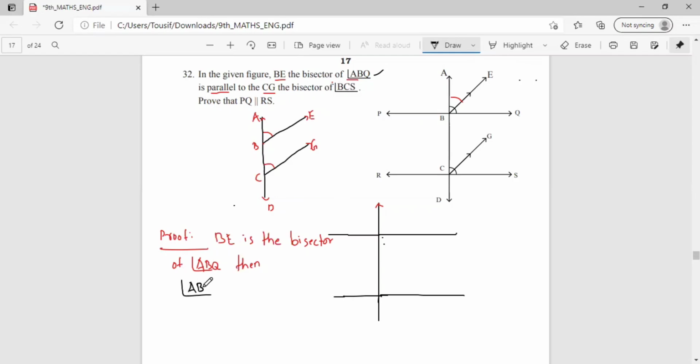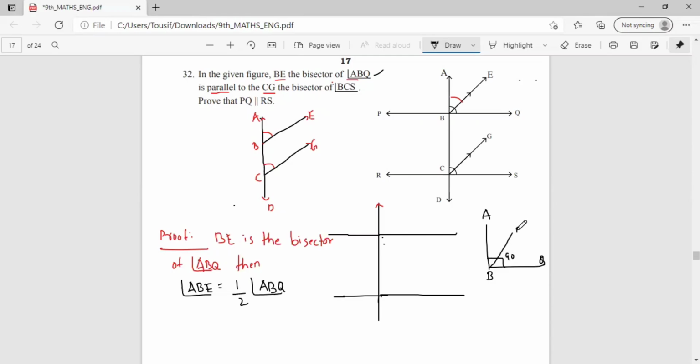that is, angle ABE is half of the angle ABQ, right? Obviously, it will be like here. I'll draw one simple figure of ABQ itself. Now I'll draw the bisector. Before it was a 90-degree angle.